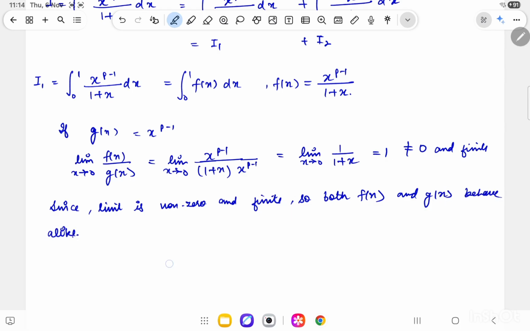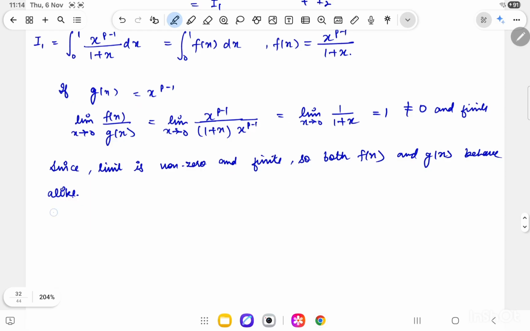Now let's check convergence or divergence of the g(x) function, that is basically the nature of g(x). So that will be integration from 0 to 1 of x raised to p minus 1 dx.